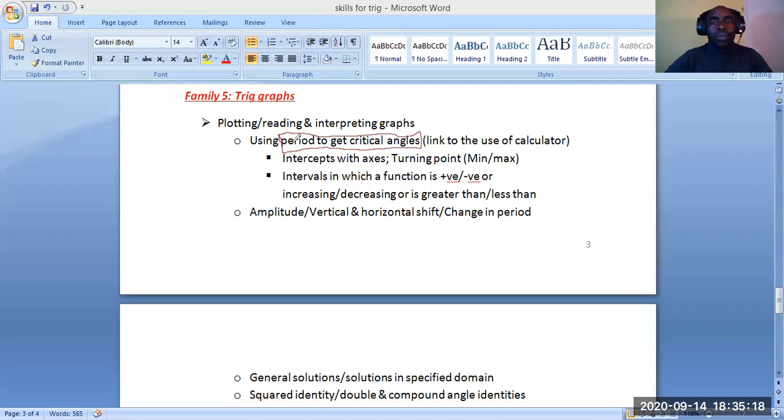We would also look at how we can use the table in our calculator in order to get these critical values. So without much finishing of the time, let's start with the questions.